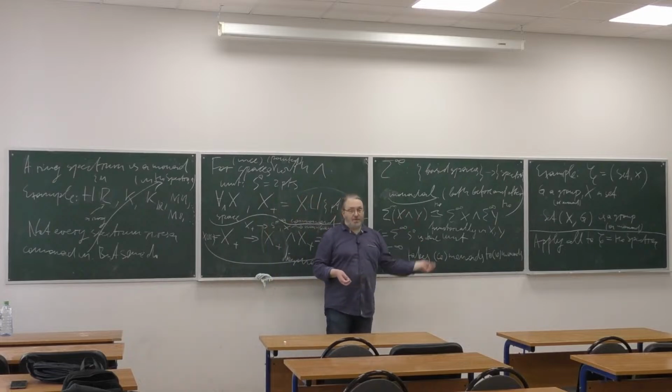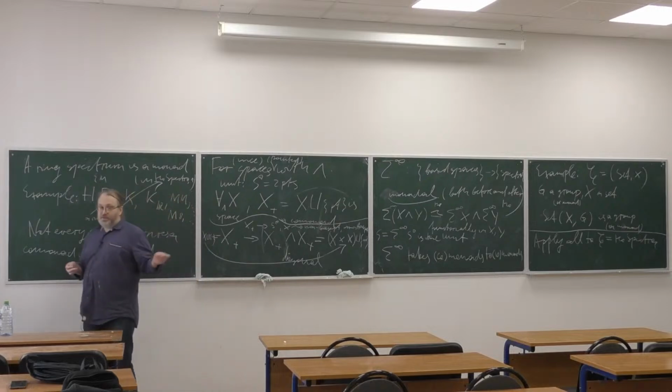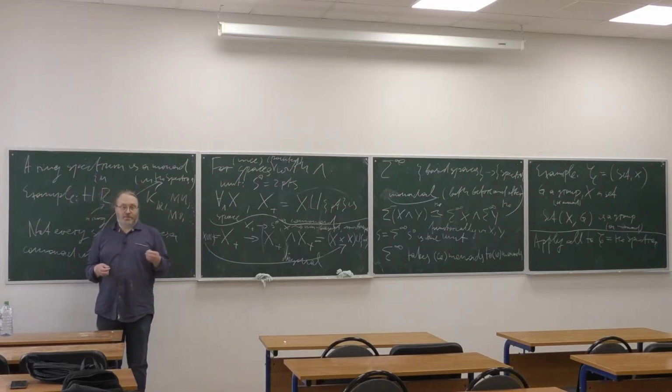Since sigma infinity is compatible with the monoidal structure, it takes monoids to monoids and comonoids to comonoids.